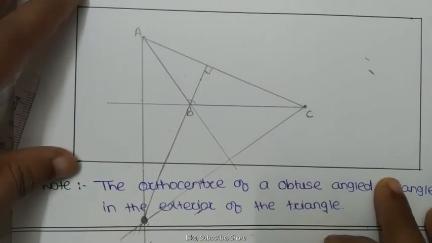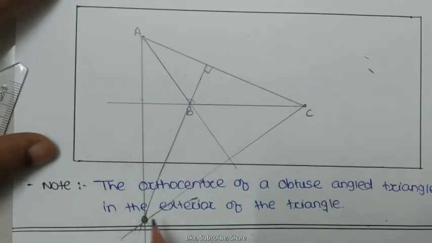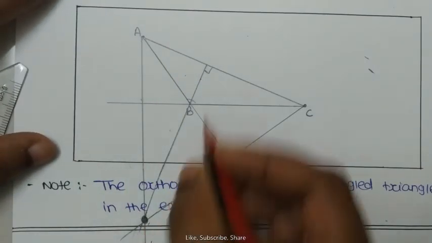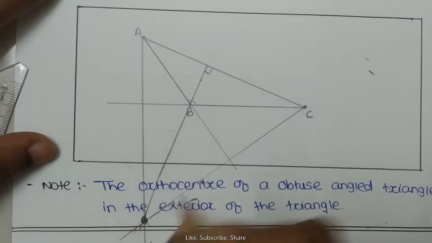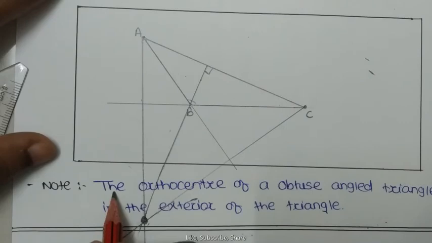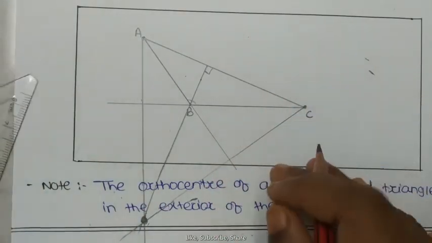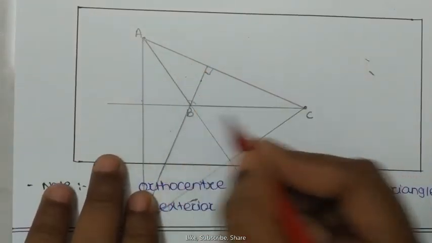Okay. So just observe this figure. What happened? Listen, when we draw the altitude of each vertex, all these altitudes intersect outside the triangle. Okay. Outside the triangle. Therefore, we can conclude that the orthocenter of the obtuse angle triangle is in the exterior of the triangle. Exterior means outside the triangle. Your original triangle here is ABC.